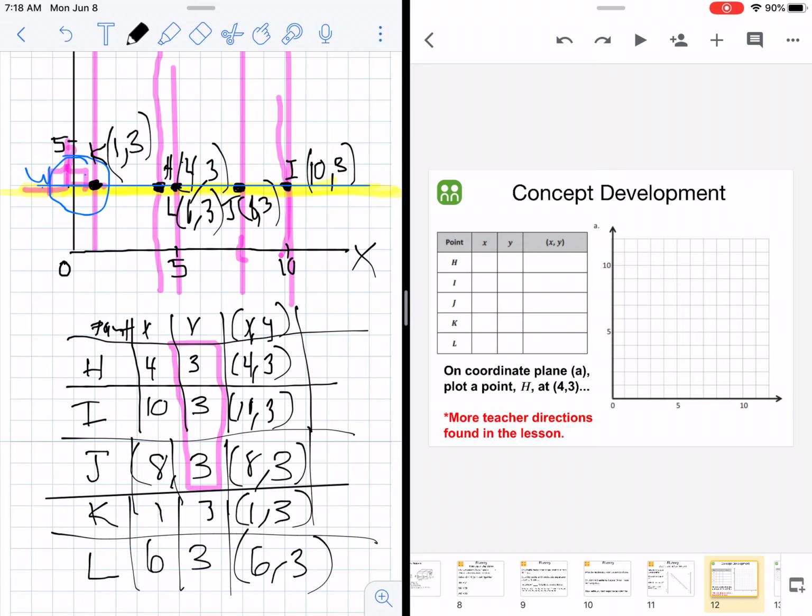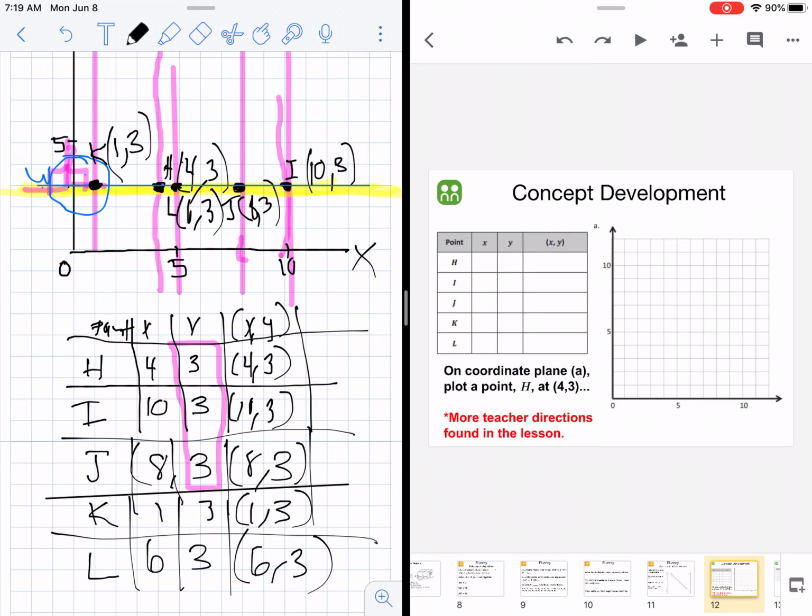All right. So we just plotted H, I, J, K, and L. They're all on our line W that is perpendicular to the y-axis. Our y coordinate never ever changed, right?